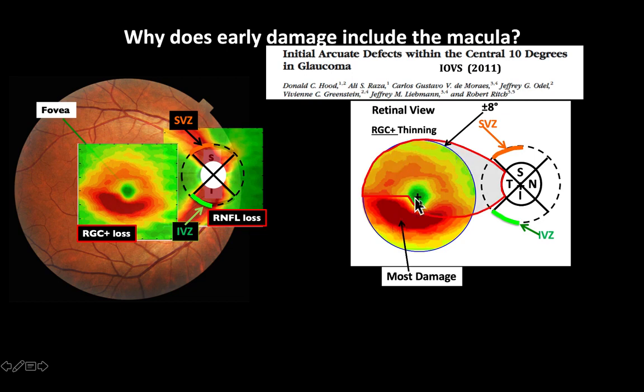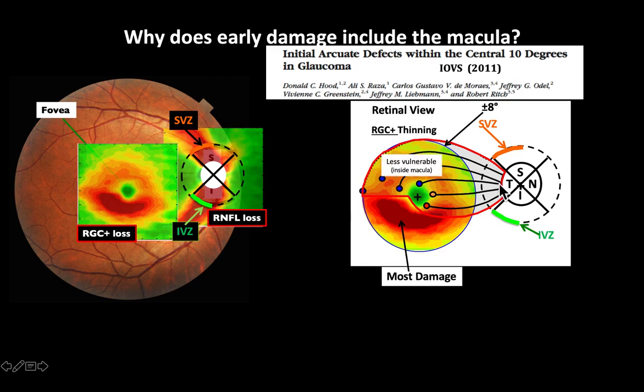This region here fits the traditional thinking that the temporal quadrant is not particularly vulnerable to glaucoma. All of the ganglion cells here go into the temporal quadrant, and as we were taught, the temporal quadrant is less vulnerable.